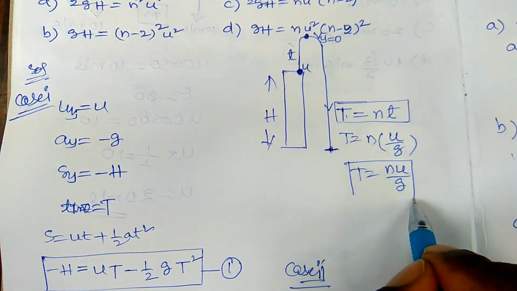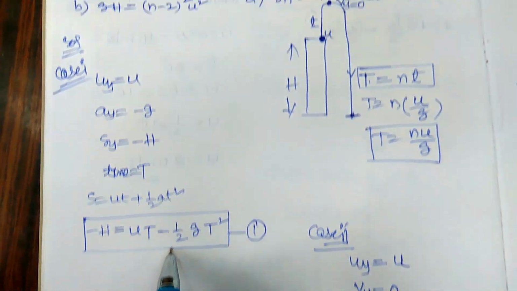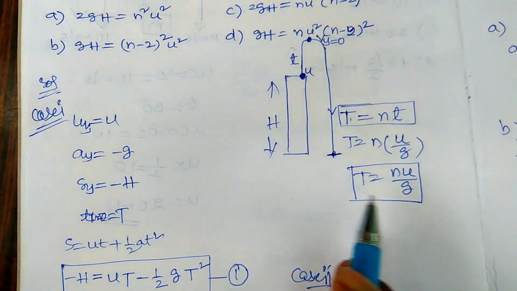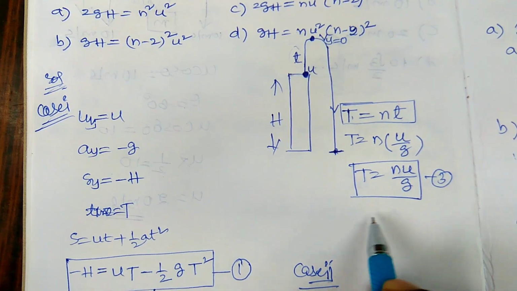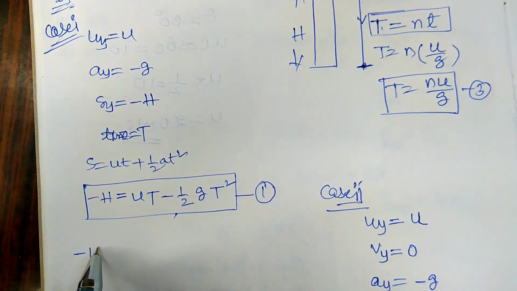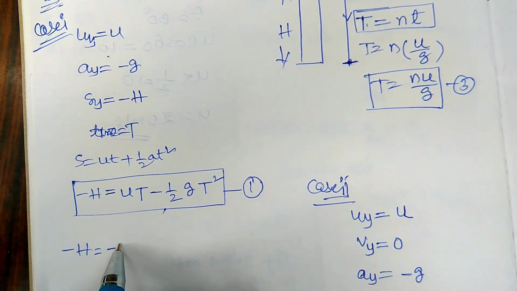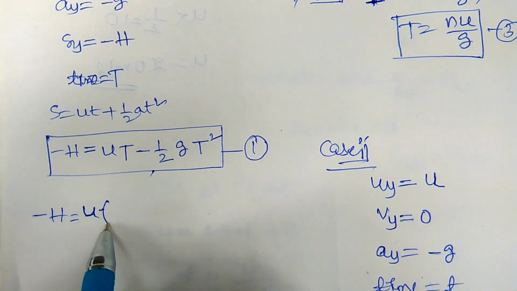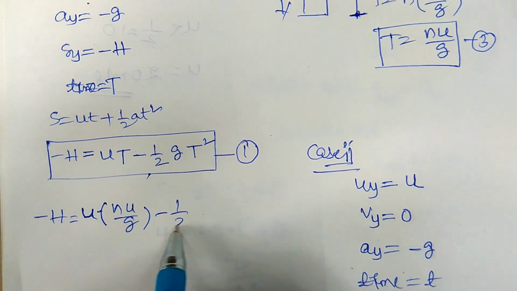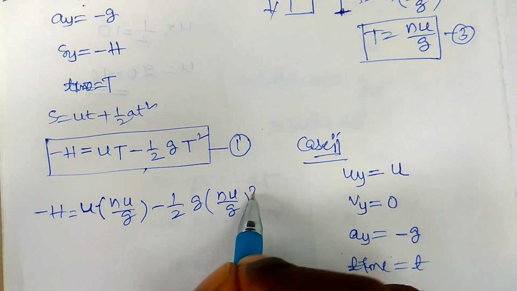This is equation 3. Then this capital T will be substituted in equation 1. So therefore we can write minus h is equal to u times nu by g minus 1 by 2 g into nu by g whole square.